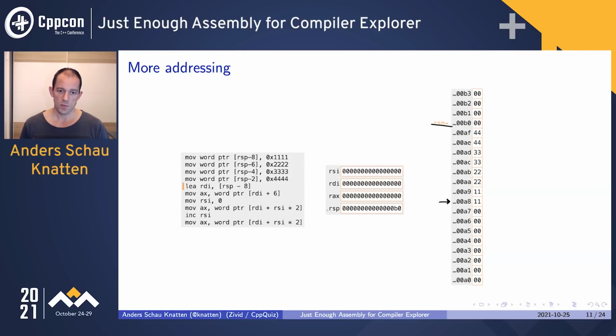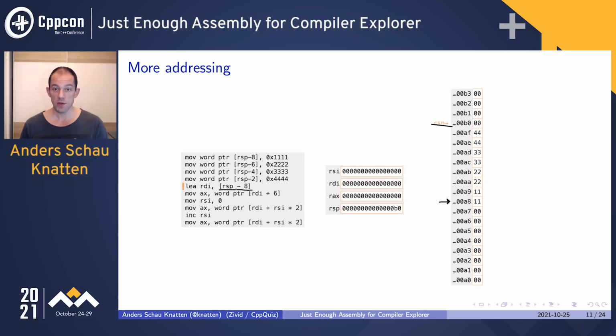But you can't just move this into a register, because then you move the value. What you want to do is use the instruction called load effective address, or LEA. And load effective address, again, just does the regular address computation that we saw before. RSP minus 8, that's now A8.